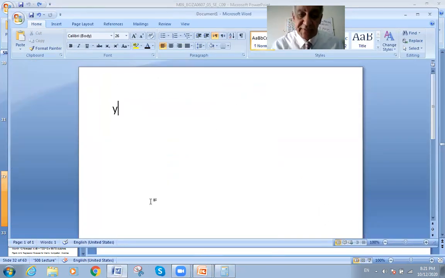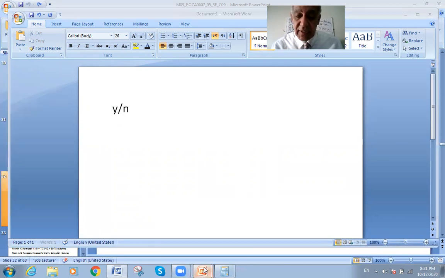Y dash equals summation y divided by the number n.